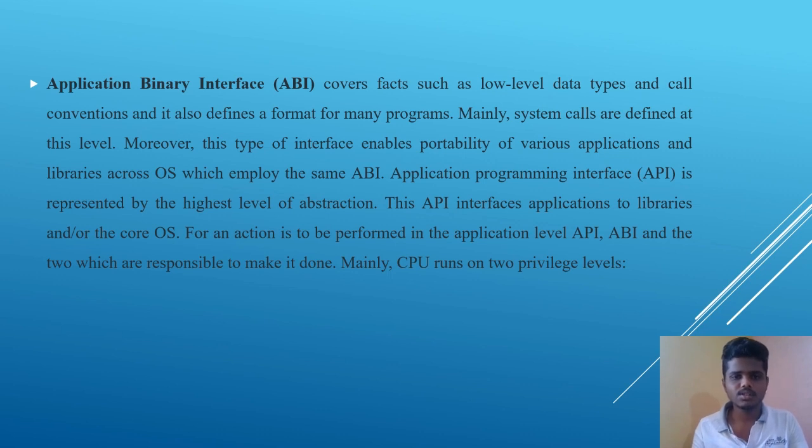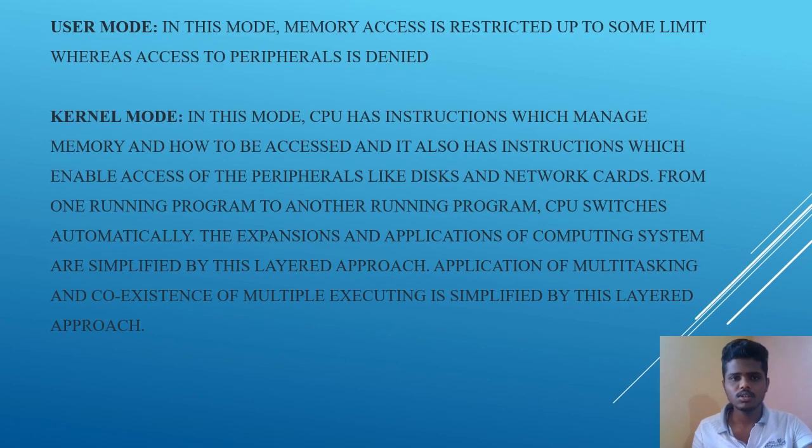For an action to be performed at the application level, the API, ABI and ISA are responsible for making it happen. Mainly the CPU runs on two privileged levels, that is user mode and kernel mode. In user mode, memory access is restricted up to some limit, whereas access to the peripherals is denied.